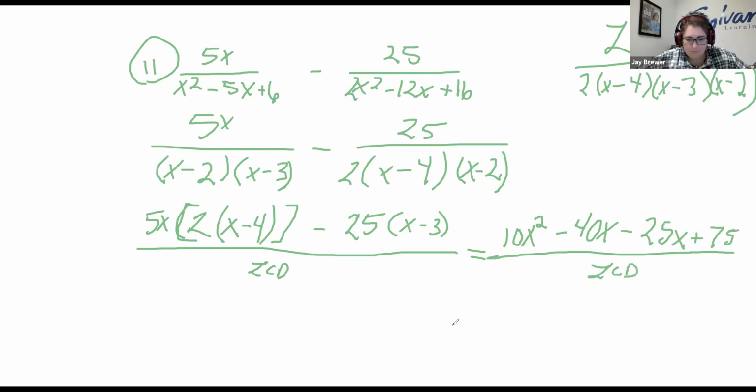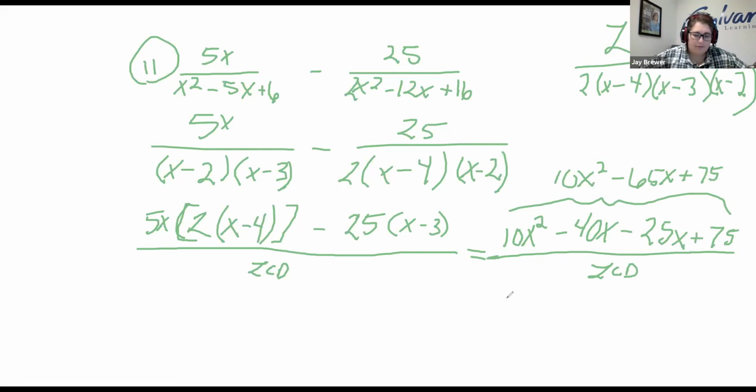All right, so if we were to combine these, which we will, we get 10x squared minus 65x plus 75. Okay, you can see that a 5 comes out of all of that.